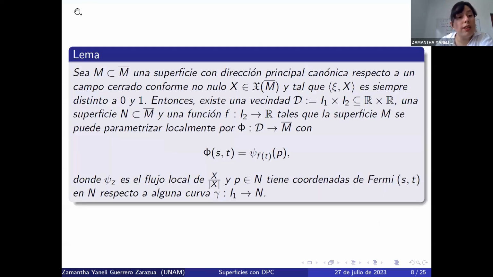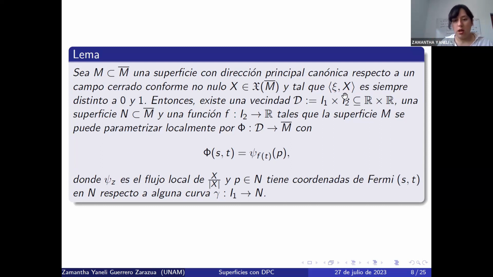Okay, so let's start with this parameterization, and we're going to break it down in a minute. So we say it has canonical principal direction with respect to a closed conformal field X. And we're going to specify that all along this talk, we want the normal vector field to never be in the direction of X and also never be orthogonal to X. So that's just going to be constant.